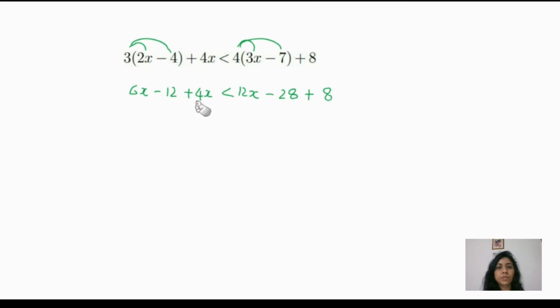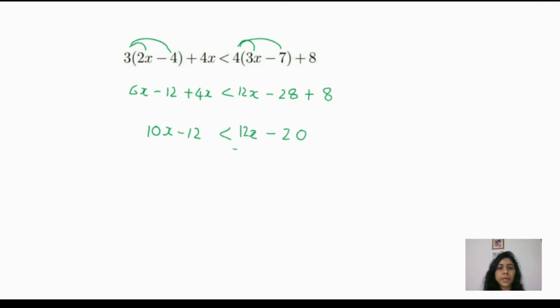So 6x plus 4x is 10x minus 12, less than 12x, and minus 28 plus 8 is minus 20.